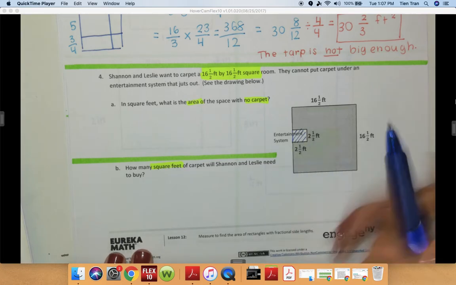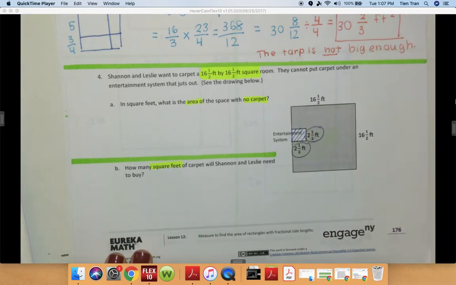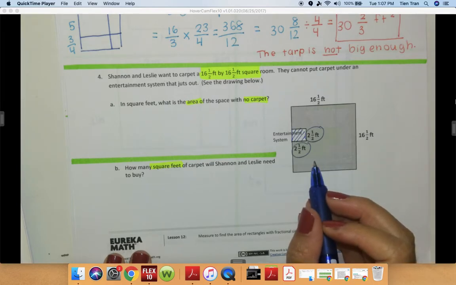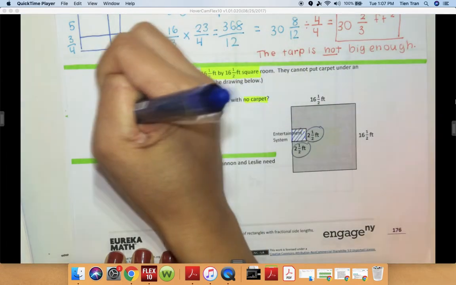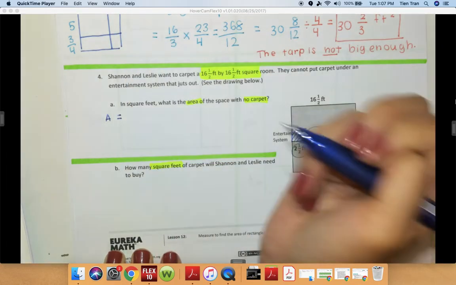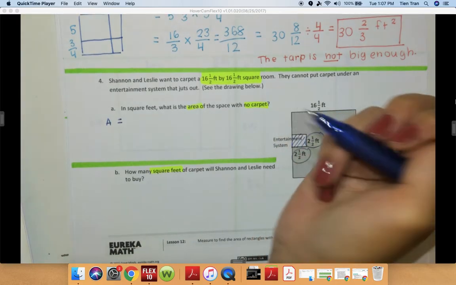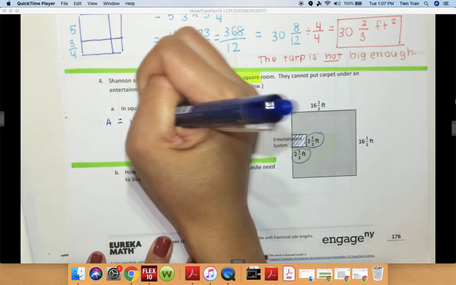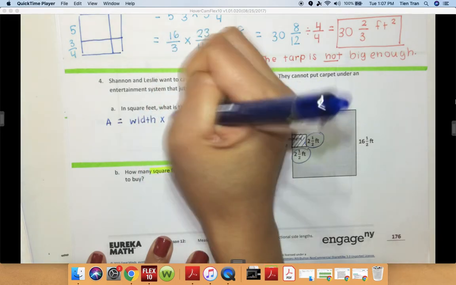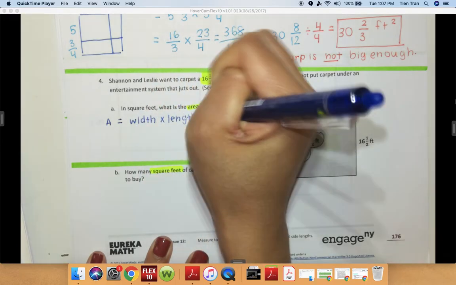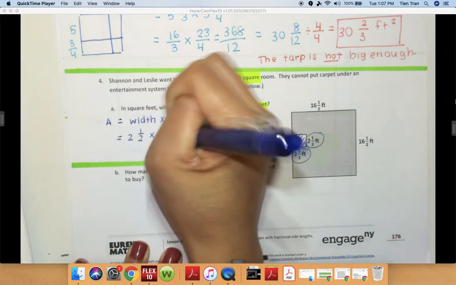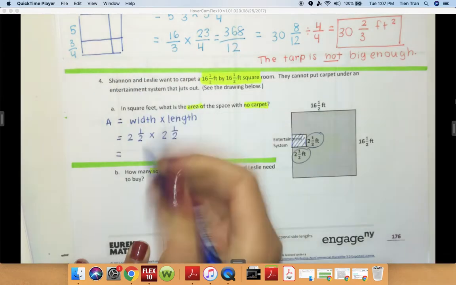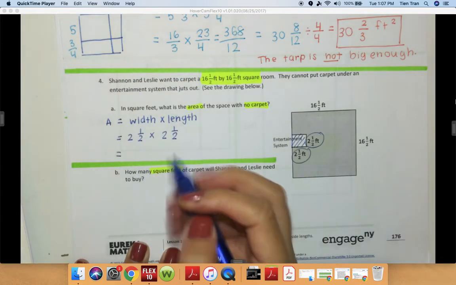So I'm going to multiply these two numbers, 2½ and 2½, to figure out how much area there is that has no carpet. So remember, area is equal to width times length, or you can say base times height. It's up to you. So I'm going to use width times length. So 2½ times 2½: 2 times 2 is 4, and 4 plus 1 is 5.